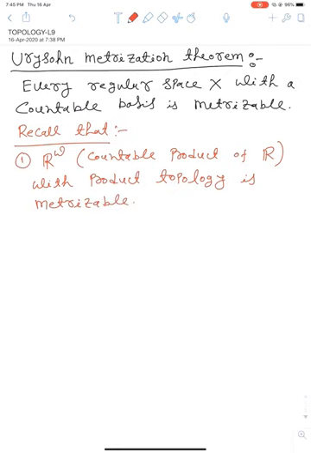So this is one property, we have seen that, right? And we have also seen that R omega with the box topology is not metrizable. Anyway, we don't need that box topology, so we need only this property, that R omega with product topology is metrizable.